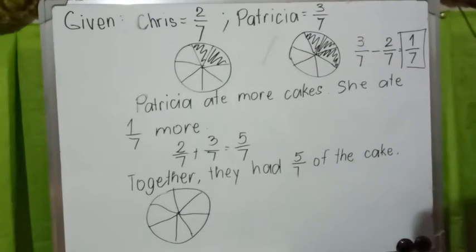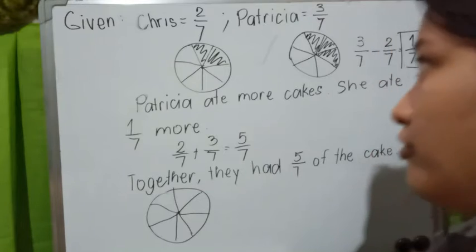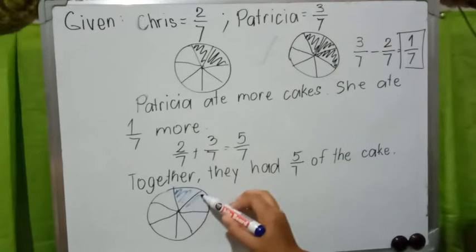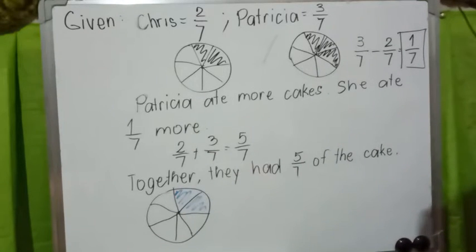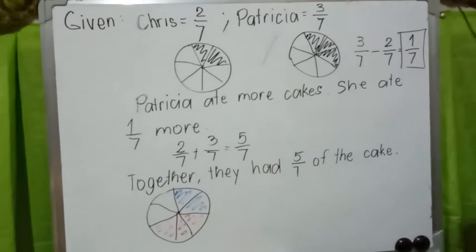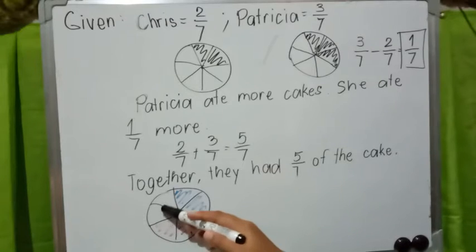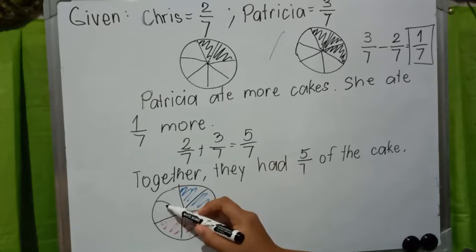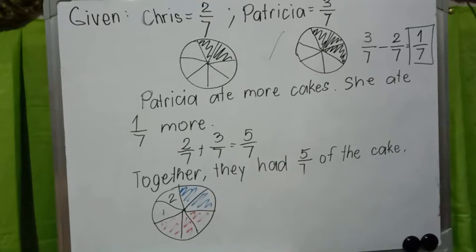The first thing is we shade the part of Chris. He ate 2 parts, right? While Patricia ate 3 parts. So 1, 2, 3. So how many is unshaded part? We'll count 1, 2. As you can see here, after shading 2 parts for Chris and 3 parts for Patricia, we have 2 left.